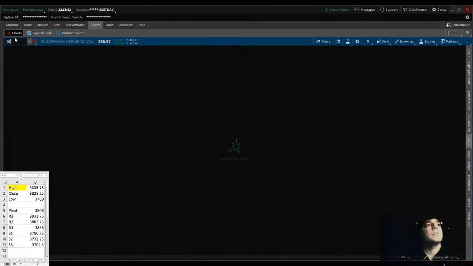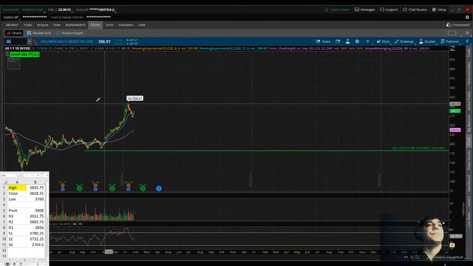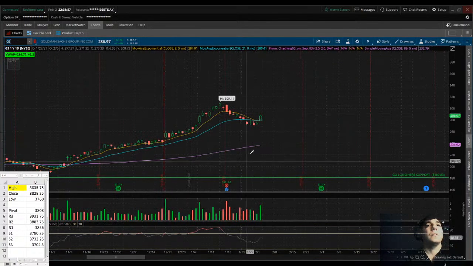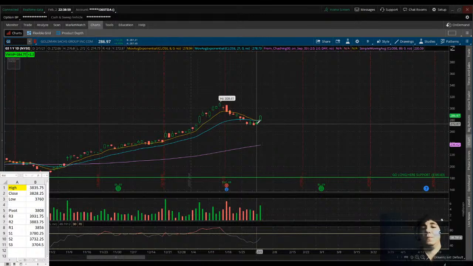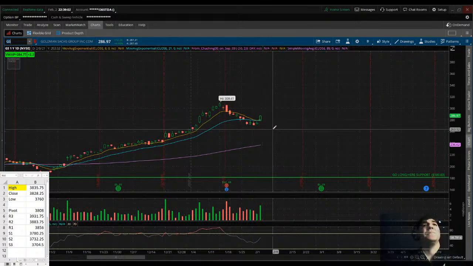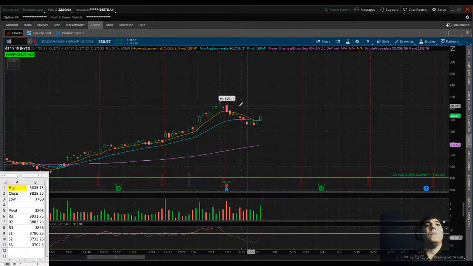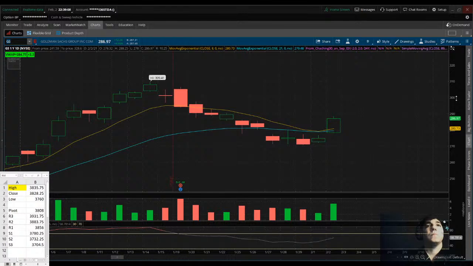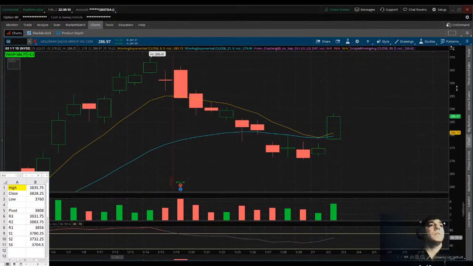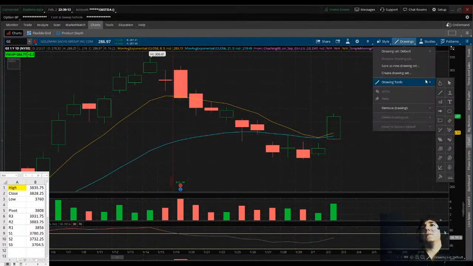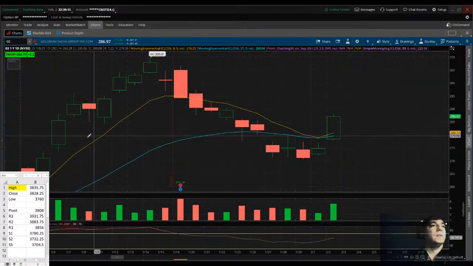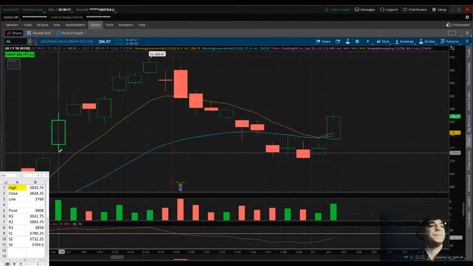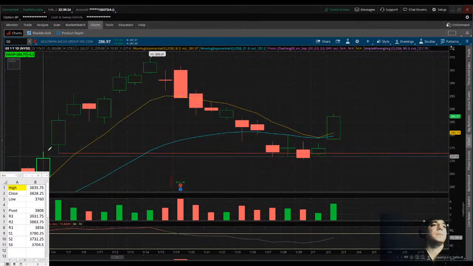Let's see. Goldman. Bought this one yesterday, right here. And why did I do it? Well, we have this level right here, which I was considering as this was the gap up here.